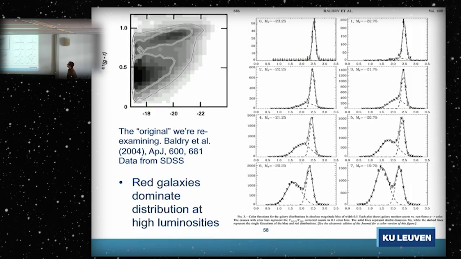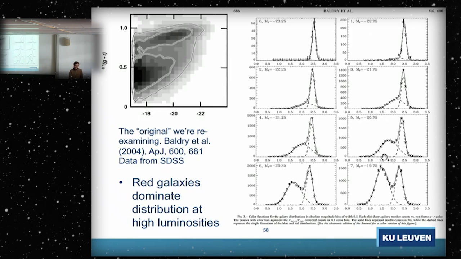Now, here again you see this. This is the original that we were trying to re-examine, data from SDSS, and red galaxies dominate the distribution at high luminosities, as you can see here, going from the very highest over here. You have a little bit of a peak, and you see that the blue components come more and more.